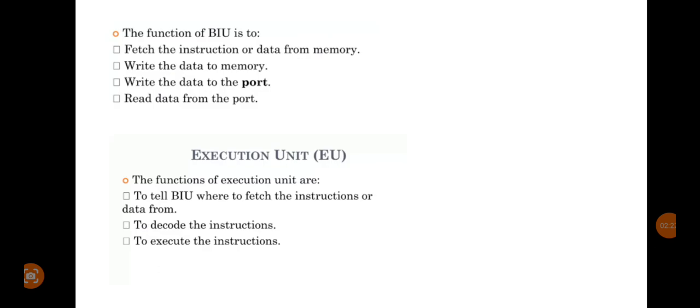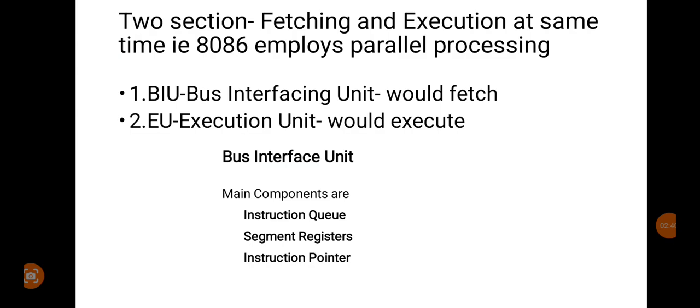The function of the bus interfacing unit is to fetch the instruction from the memory and write the data into the IO devices. And the function of the execution unit is to decode the instruction and execute it.